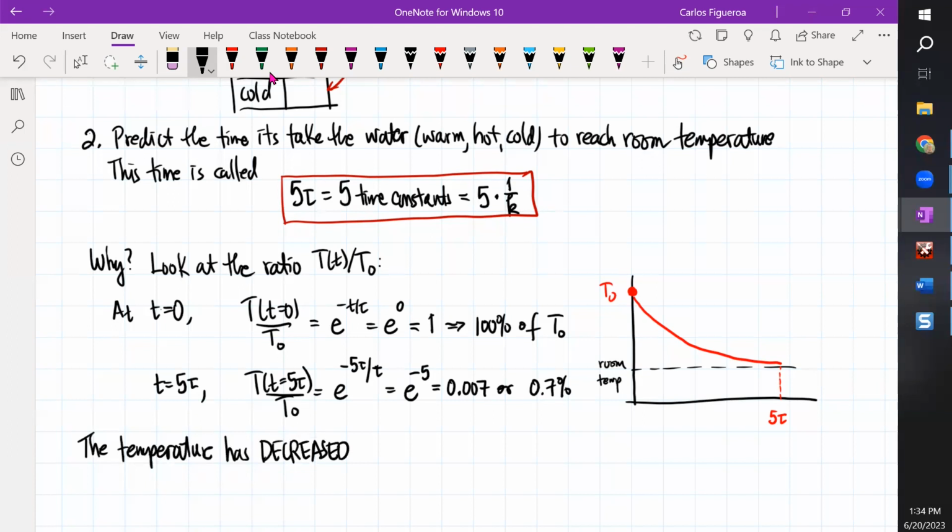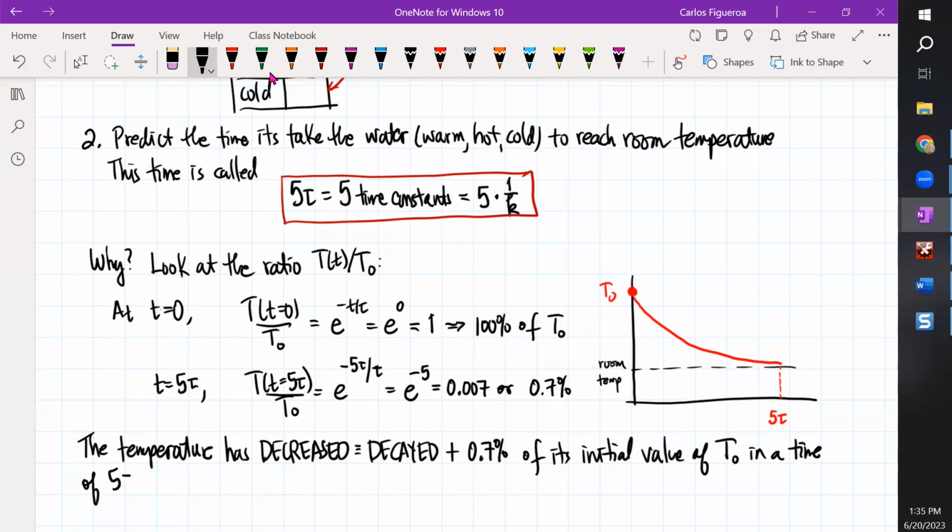But the common language really means that it decayed to 0.7% of its initial value of T naught in a time of 5 tau.